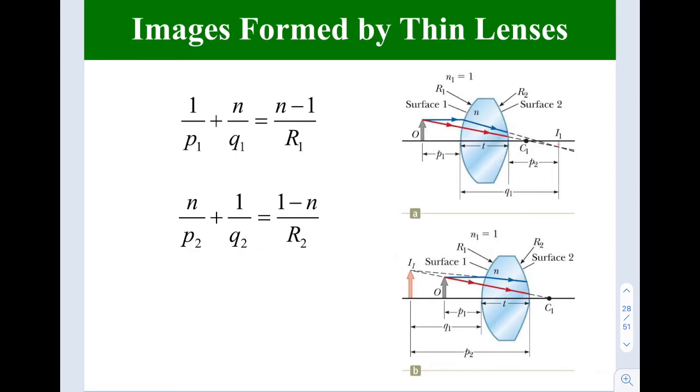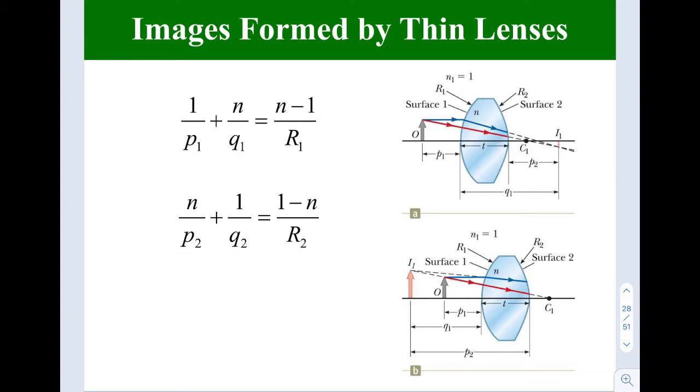Figure 35.22, where we have parts A and B, shows the ray diagram of how a real and a virtual image are formed. This is the real image, and this one is the virtual image, formed by the first surface, this surface, right?